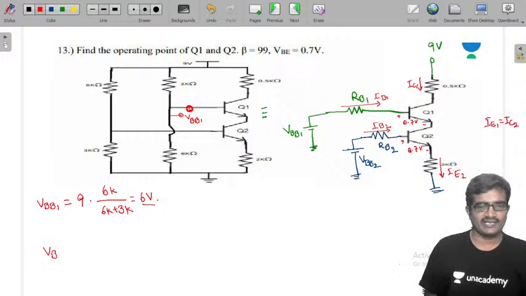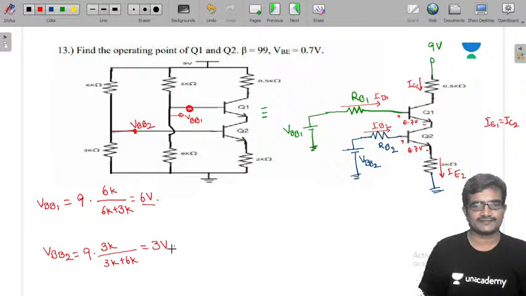Similarly VBB2 is the voltage at this point, 9 into 3k by 6k plus 3k, which is 3 volts.